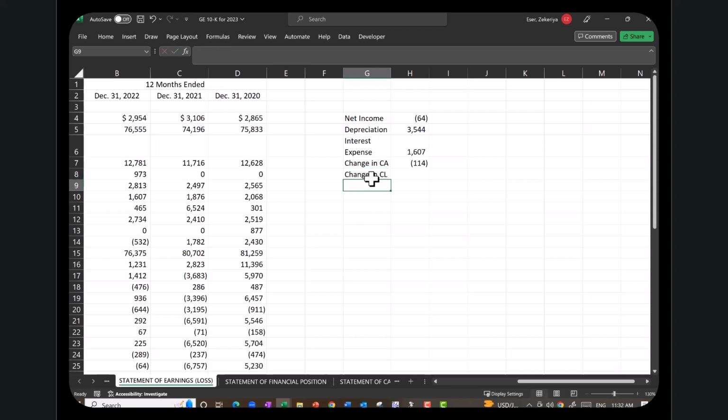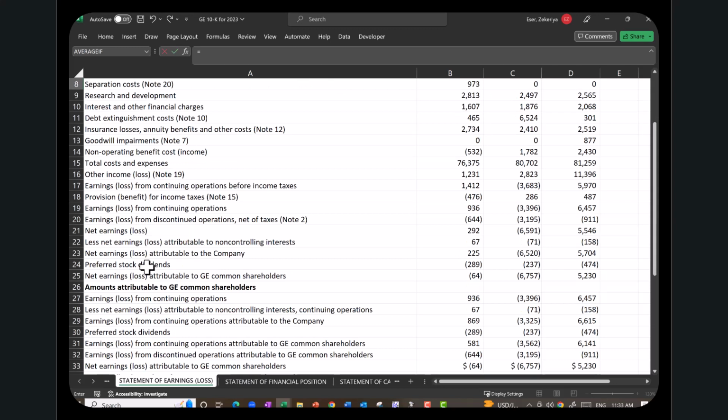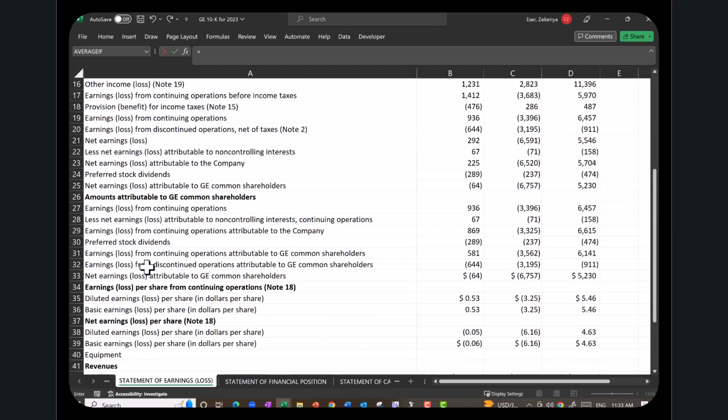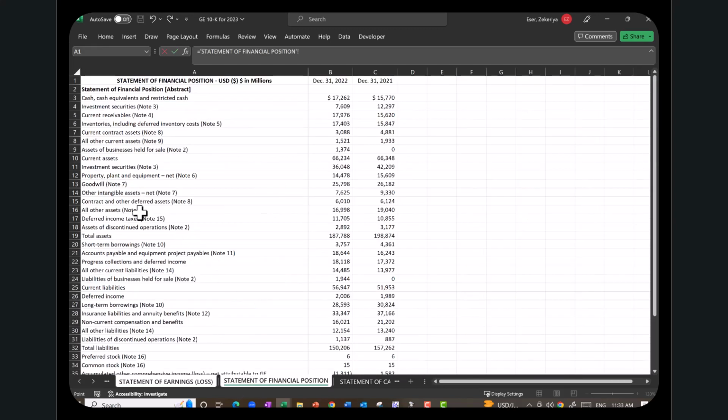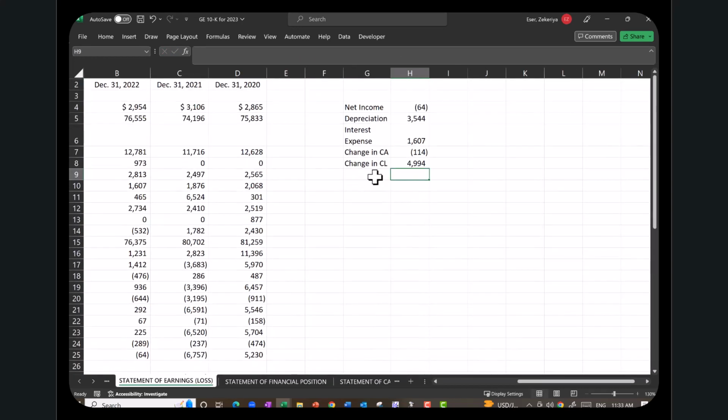Change in current liabilities. Same deal. Oh, statement of financial position. They actually increased their current liabilities.